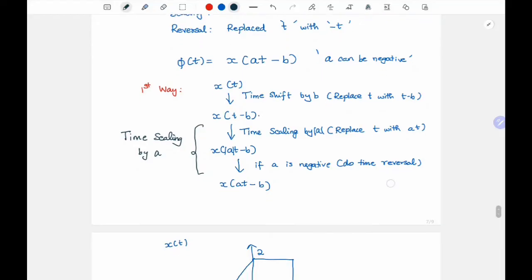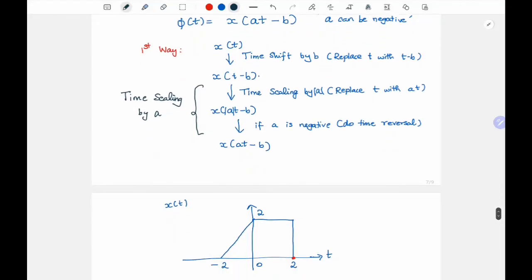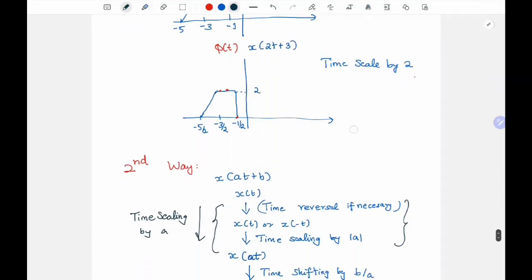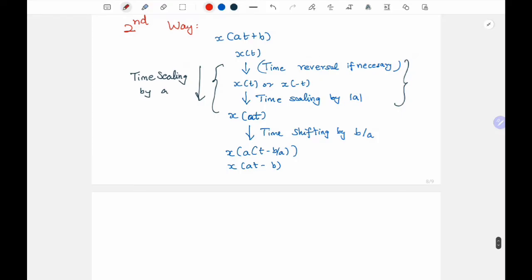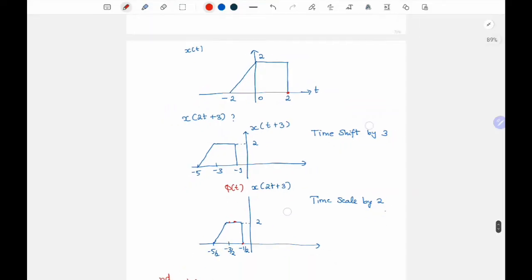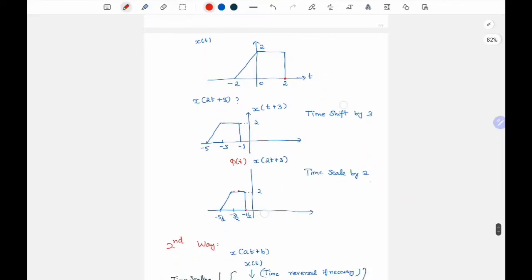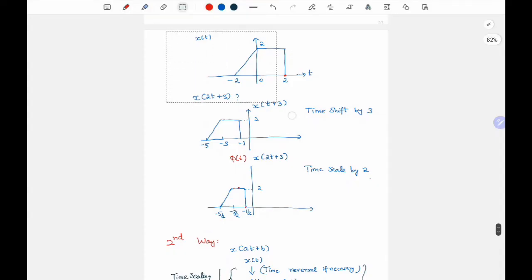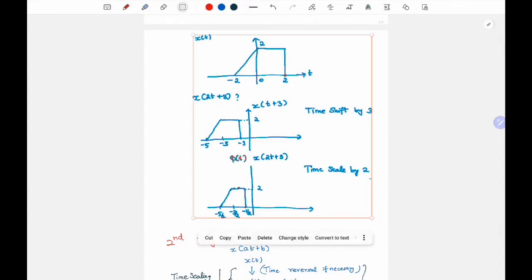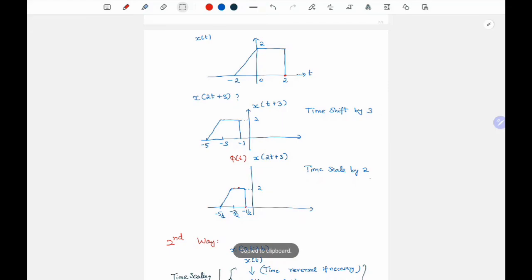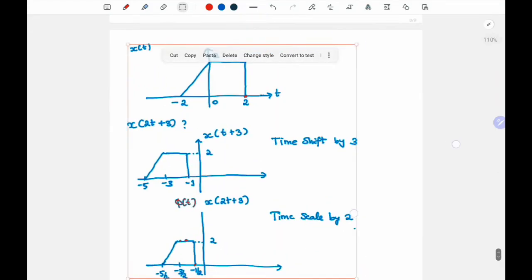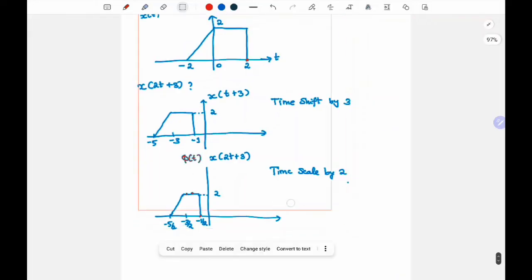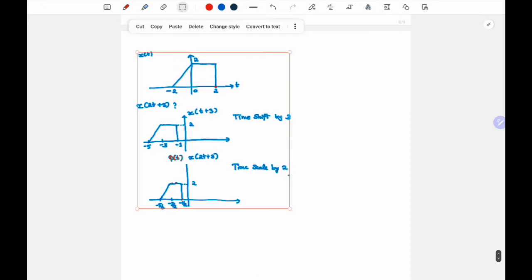So reversal is just like a special case of time scaling where you have the minus sign, right? Okay. So now let's try to work out the same example for the second way. I will do it side by side so that you can better understand, right? I will copy this, put it here.